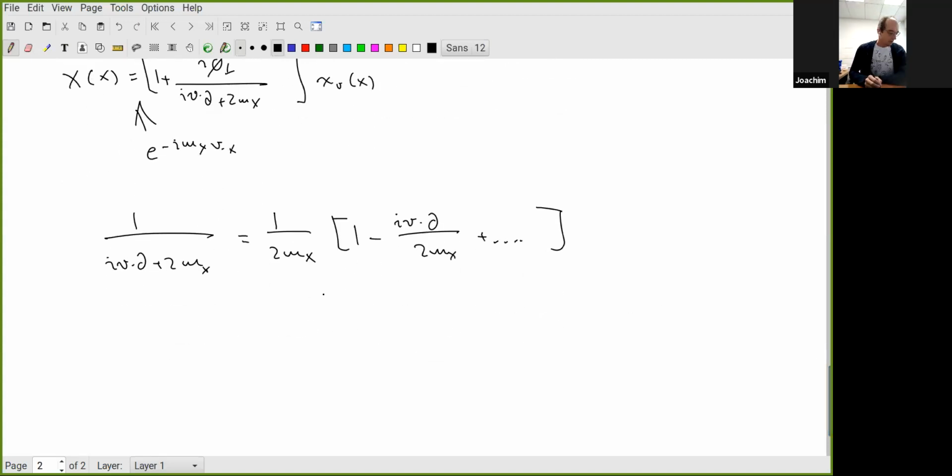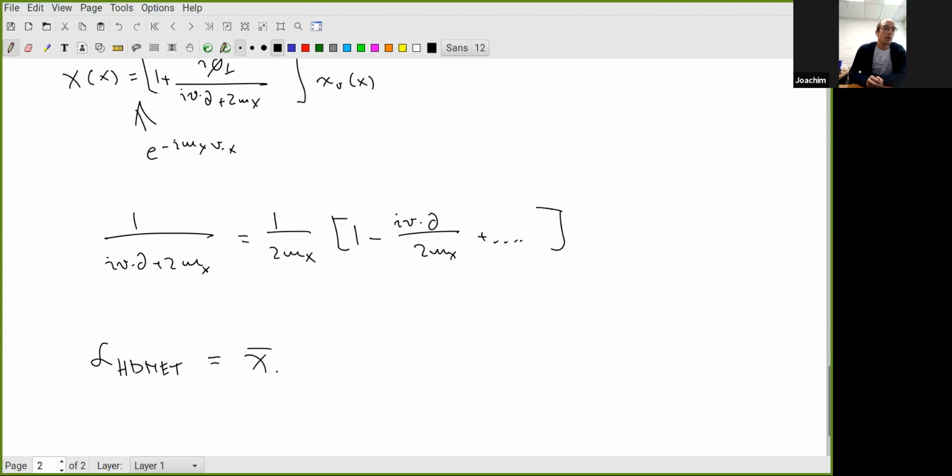Okay, and then we get the non-relativistic dark matter Lagrangian, or as it's called, the heavy dark matter effective theory Lagrangian. That's just the relativistic Lagrangian expressed in terms of these fields.